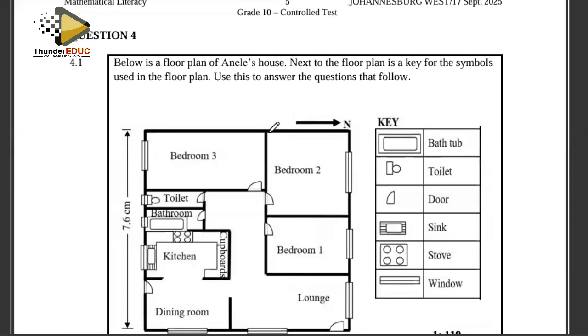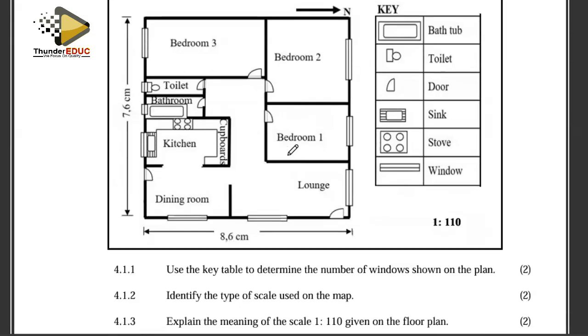Below is a floor plan of Annelie's house. Next to the floor plan is a key for symbols used in the floor plan. Use this to answer the questions that follow. Use the key table to determine the number of windows shown on the plan. So anything that looks like this, it's a window.